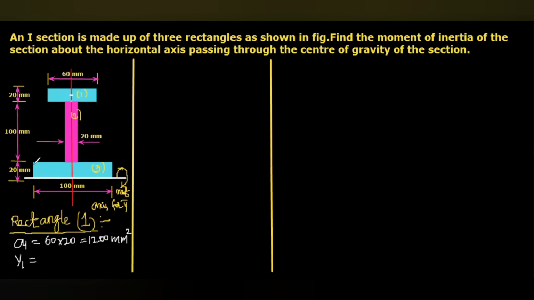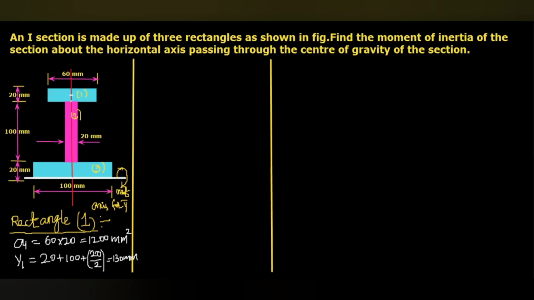So 20 plus 100, that is 120, plus this distance 20 by 2. So it will be 120 plus 10, that is 130 mm.